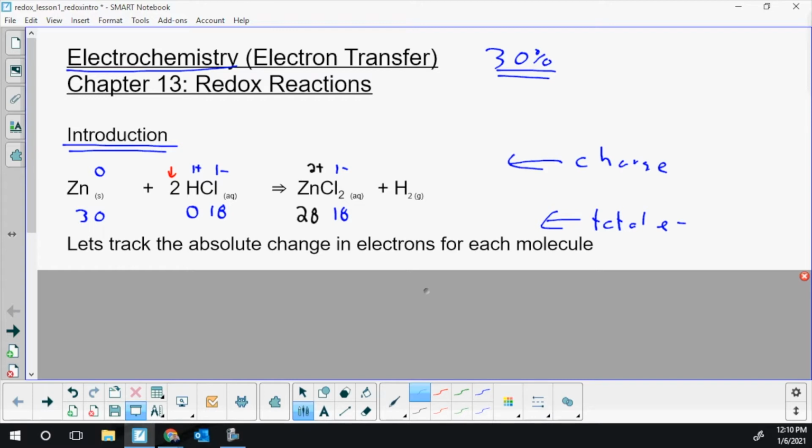Okay. Last, we have hydrogen. Now, all molecules have no charge overall. In terms of electrons, I've been writing the electron count for each H. Here we've got 2 of them.